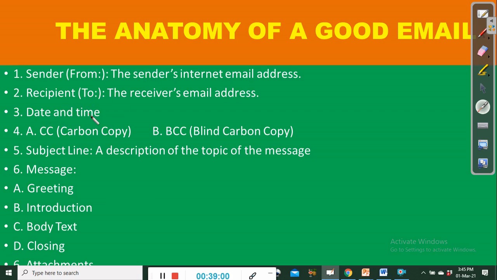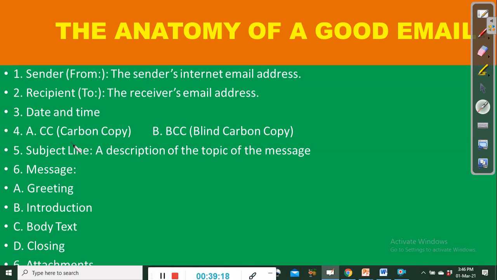Then we have the date and the time. And number four, we have what is called CC and BCC. CC stands for carbon copy, and BCC stands for blind carbon copy.